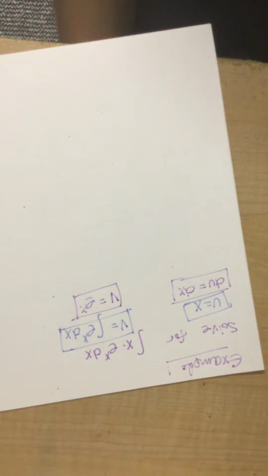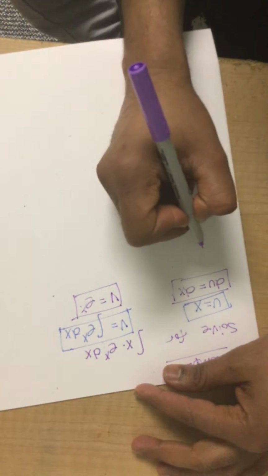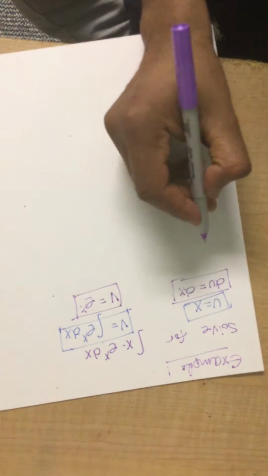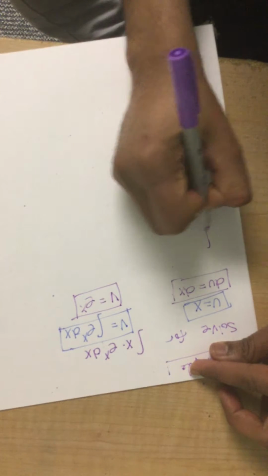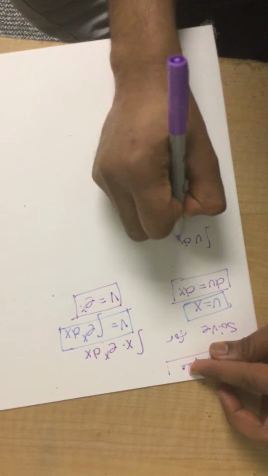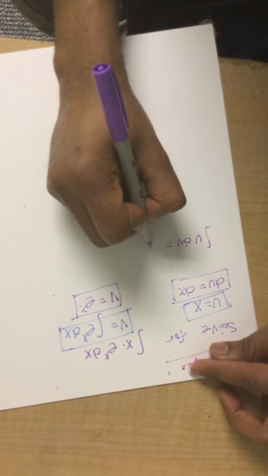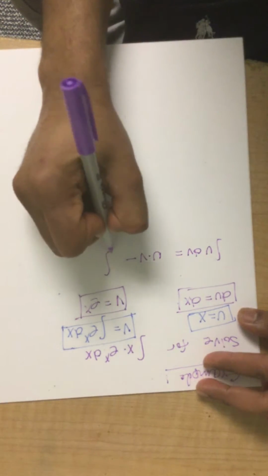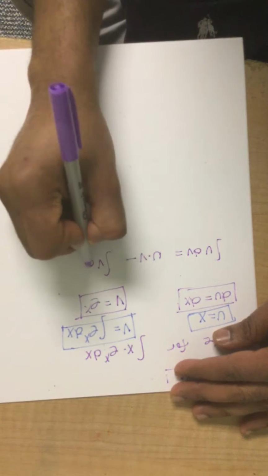So our formula is the integral of u dv, which is equal to u times v minus the integral of v du.